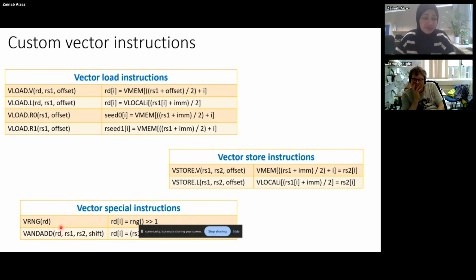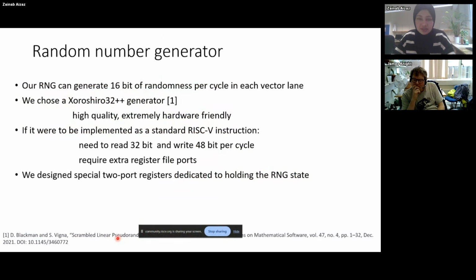Like this instruction, vrng, calls on the RNG, random number generator, to generate random numbers. And then vand add performs addition and ANDing all in one cycle, which was not possible with any other already available instruction. So these instructions have helped us run our SNNs efficiently in fewer cycles compared to any other way.